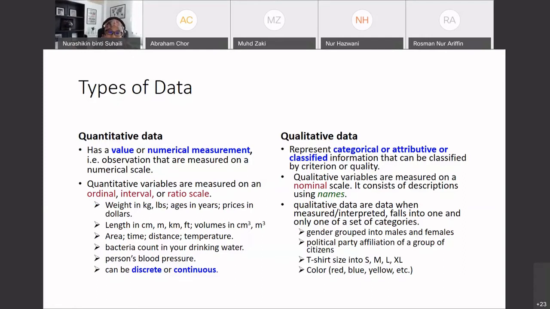So what is meant by discrete and what is meant by continuous? Let's say discrete. In this class, there are how many of you? 30? 20 female students and 10 males. It's very clear that it's not 20.9 or 10.75. There's no such thing, right?